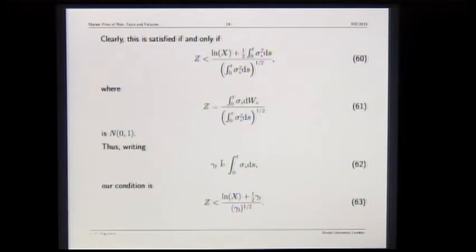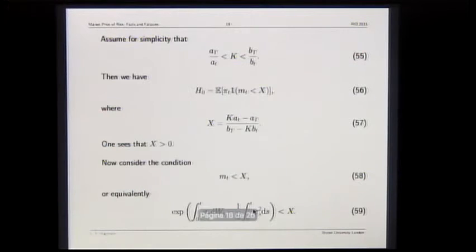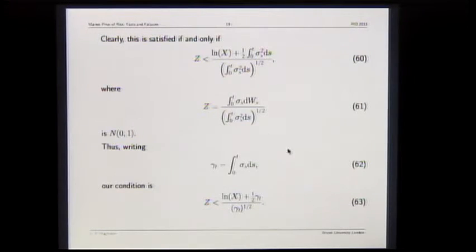So here, if we write gamma equal to the integral of sigma ds, then the condition is that Z, which is this N(0,1) random variable, is less than log x plus a half gamma, divided by the square root of gamma. X, you'll recall, is this number made up of combinations of the A and B and the strike price.